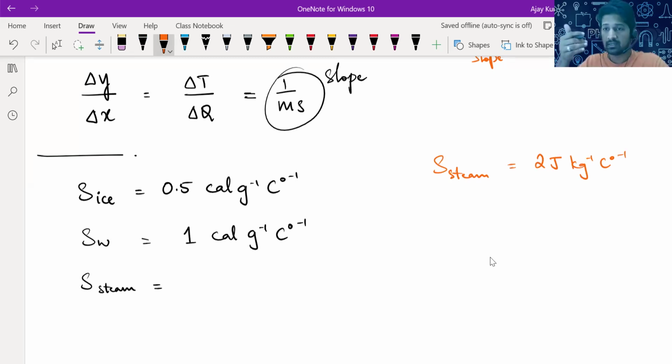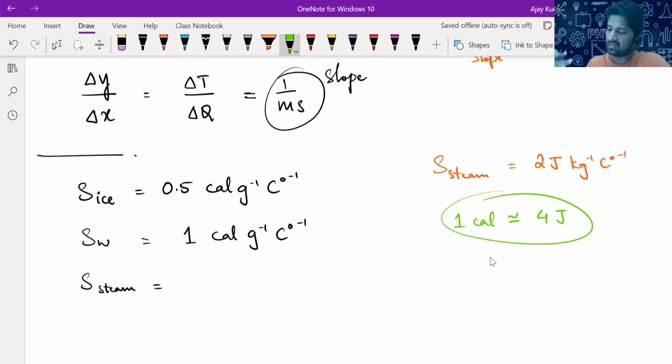Convert it to calorie per gram per Celsius degree, and for converting, use this rough approximation that 1 calorie is approximately, take it as 4 joules. Exactly it is 4.18. Let's assume it is 4 just for convenience. So use this and express specific heat of steam in calorie per gram per Celsius degree units.